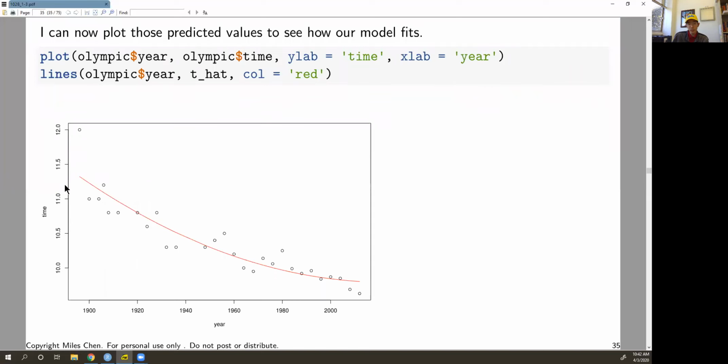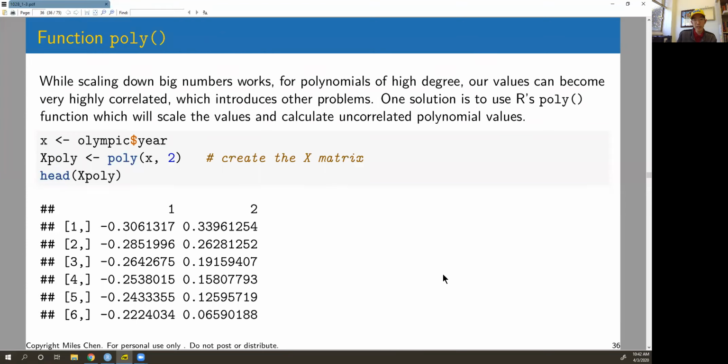And here is what the quadratic fit looks like. So when I fit it using a quadratic term, this is what it looks like. Another option, and I don't want to get hung up on this, is that R has the ability to fit polynomial fits. There's a function called poly, and this will produce scaled values of X. It has turned all of our years, 1896 and so on, by multiplying by some constant and recentering it.